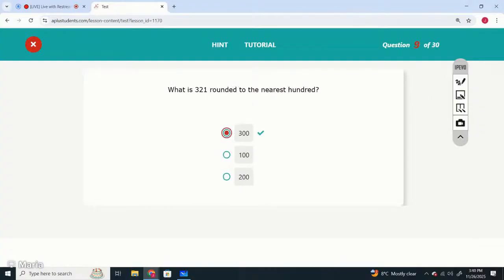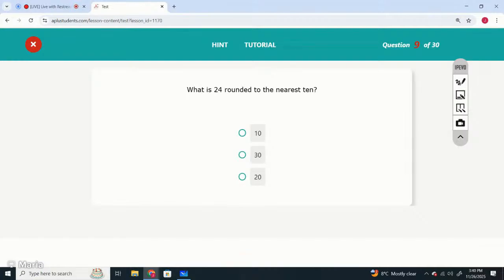Option number 1 is the correct option. What is 24 rounded to the nearest 10? So 24 is rounded to 20. Option number 3 is the correct option.